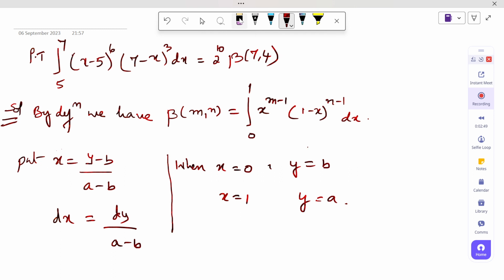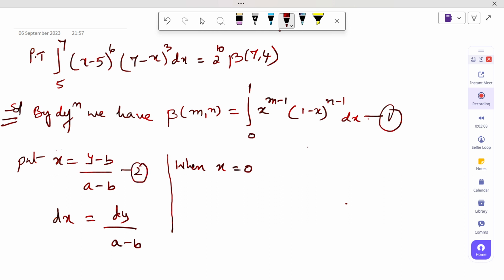Or shall I show that one clearly? Call this equation number 1, and this equation number 2.